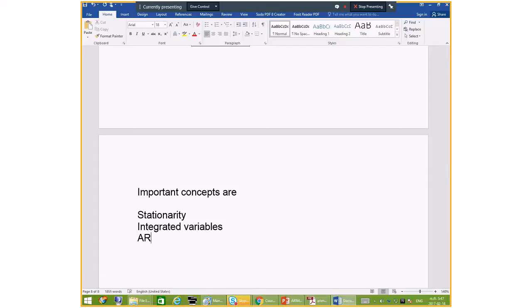Then the AR process, then the MA process, then the ARMA process. If you use ARMA, only the P and Q: number of autoregressions, number of moving averages.